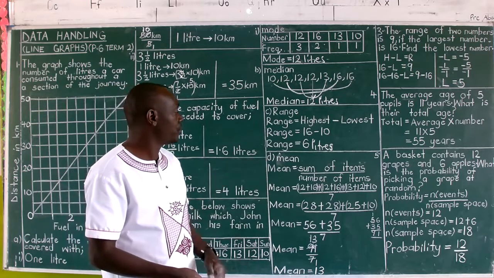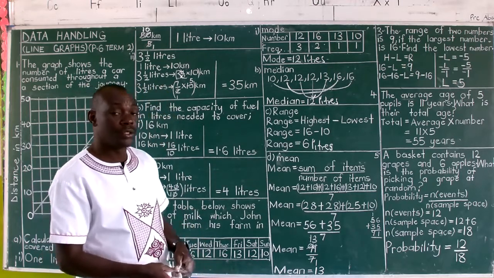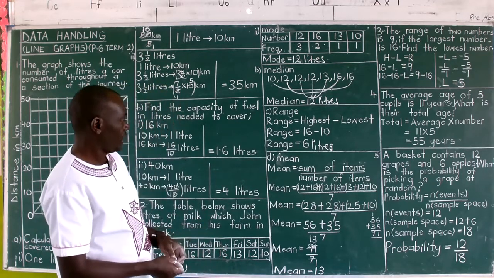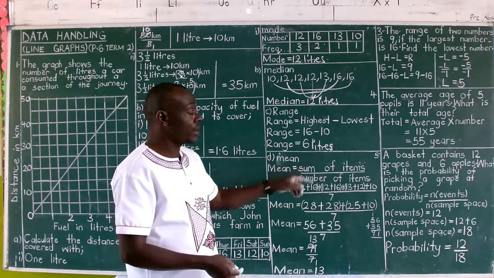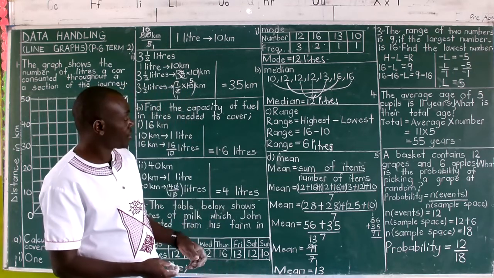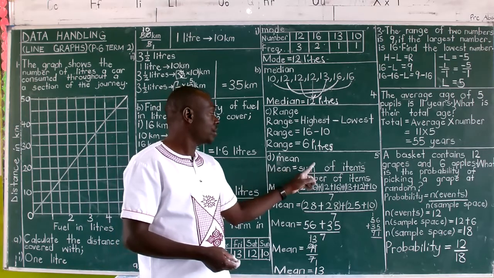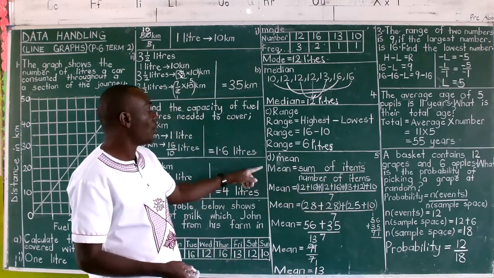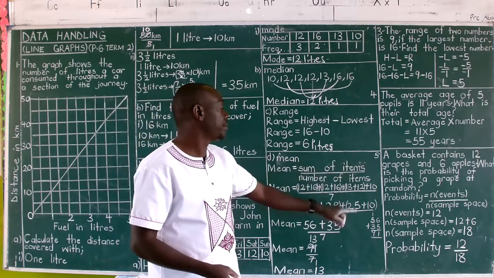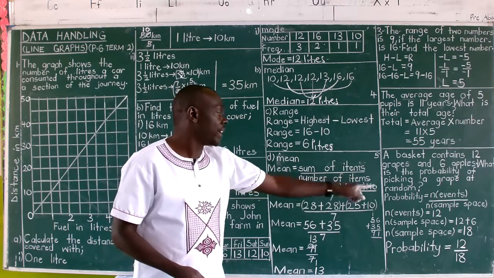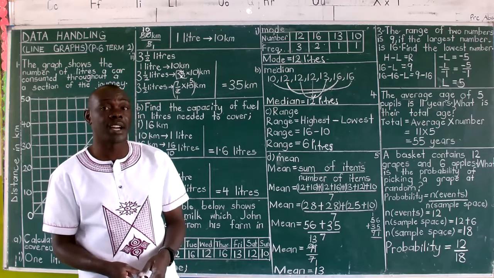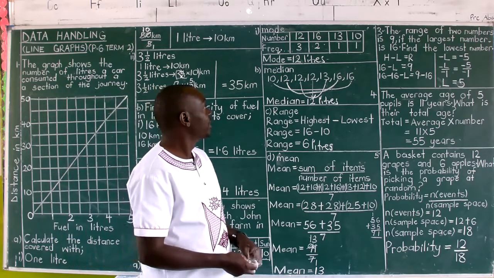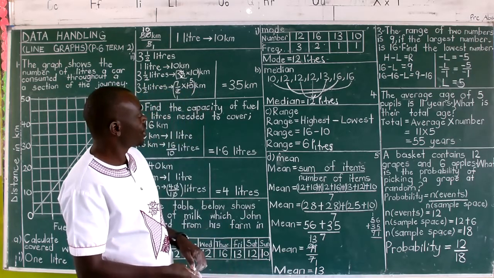Then they will ask you for the mean. You say mean is the same as average. Mean is got by this formula: mean is equal to sum of data out of number of data, or sum of items out of number of items. How do you reach the sum? By addition of the given data.